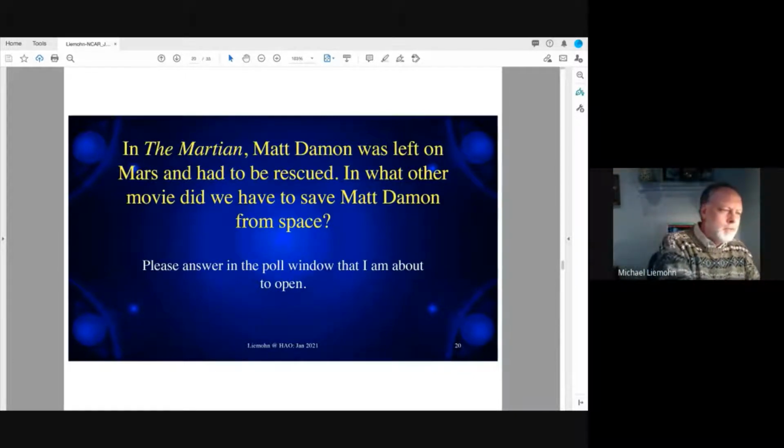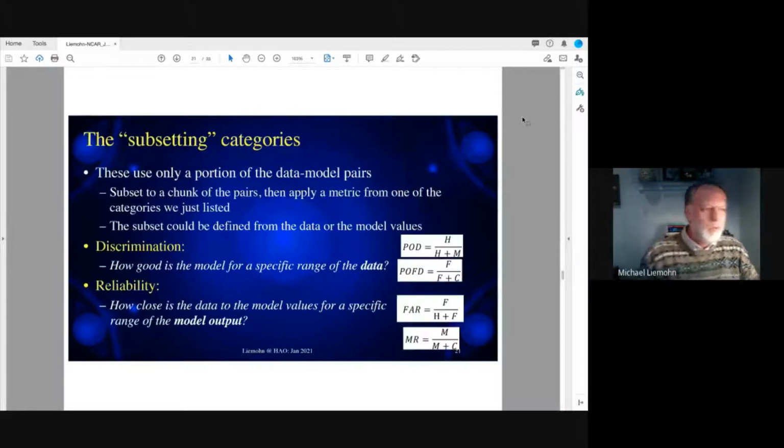Okay, let's go back over to this. All right, so subsetting categories. There are some of these that, when you don't want to use the whole set of data model points in your calculation.